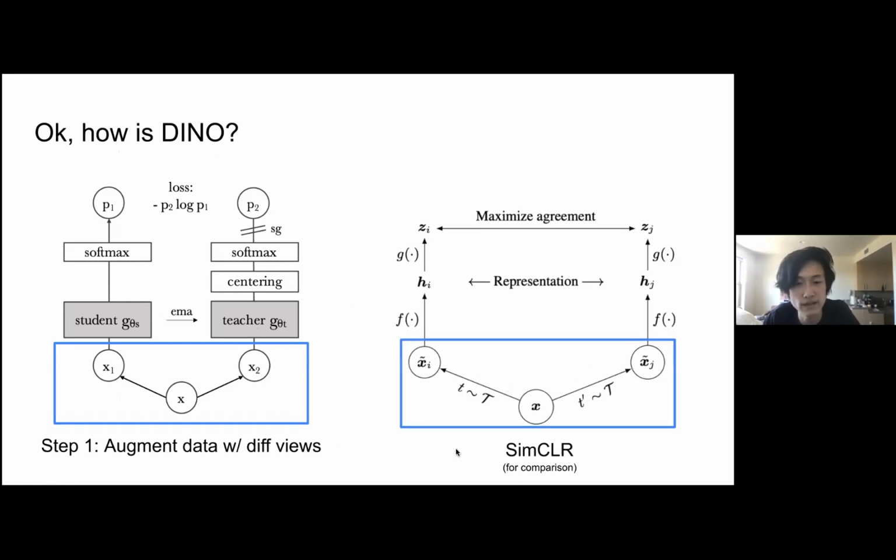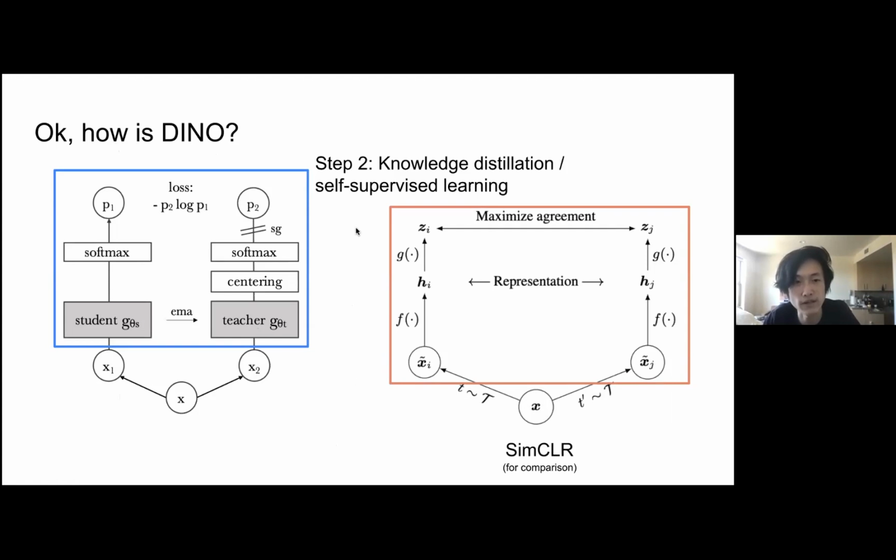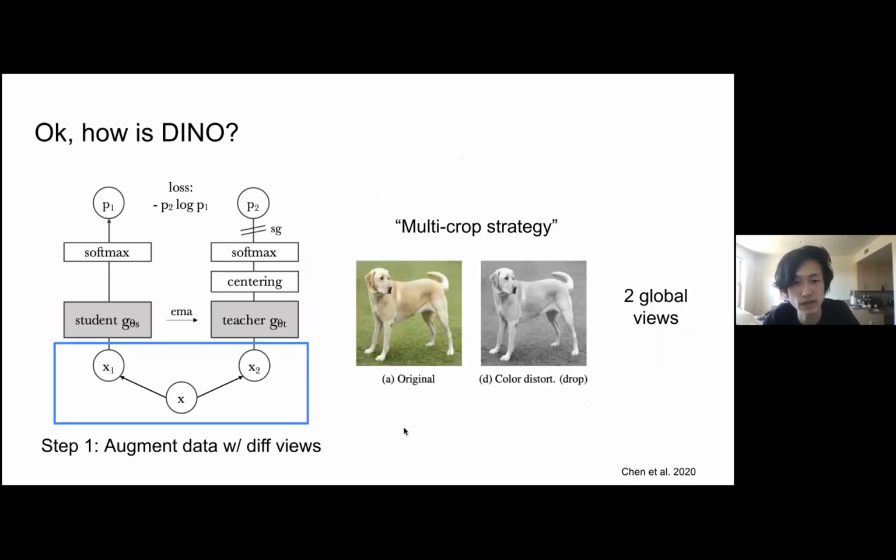The thing that changes, what's new about this, is knowledge distillation with no labels. That's what makes it DINO. This is where things change, and it's not super clear to me exactly why each of these individual design choices is good. But maybe we can think about that.